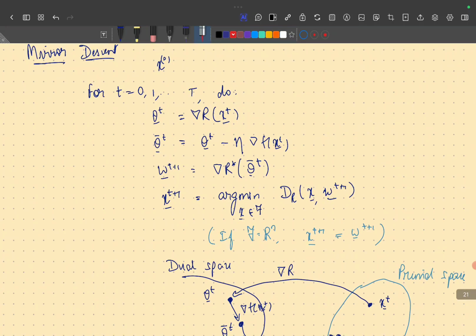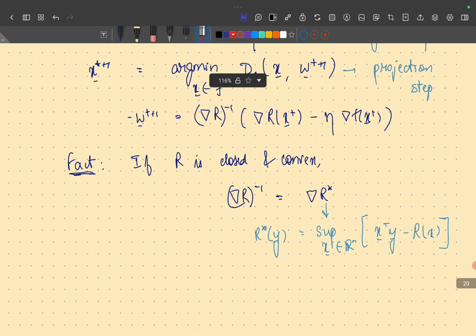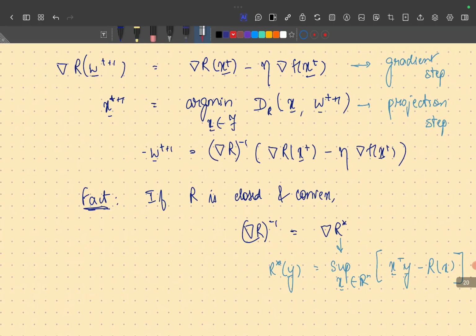Could you scroll up? Which part here? There you took w_{t+1} equal to del r inverse... Correct. And so you're modifying the step to del r star times the gradient of f. If you take the operator inside, then it's the gradient of r inverse and the gradient of r star.